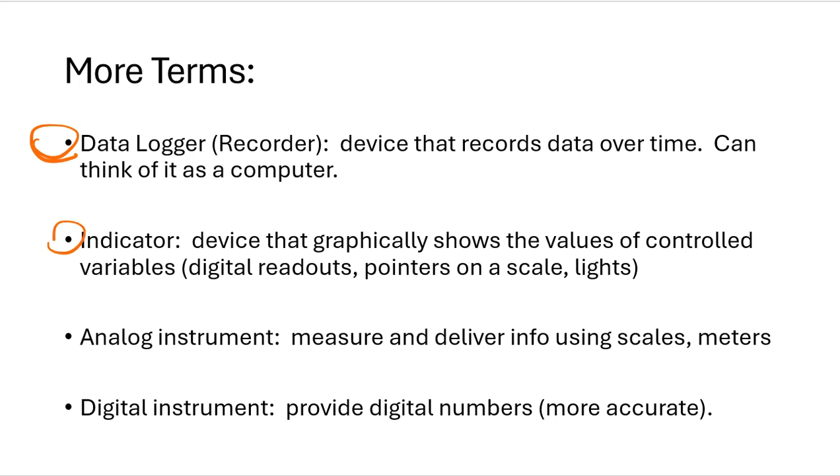Next up is an indicator, and the indicator is a device that graphically shows the values of the controlled variables. All right, so this is just graphically what's happening. What that means is that it's keeping track of information, and as the temperature goes up, there is a line that goes up, and as the temperature goes down, there is a line that goes down.